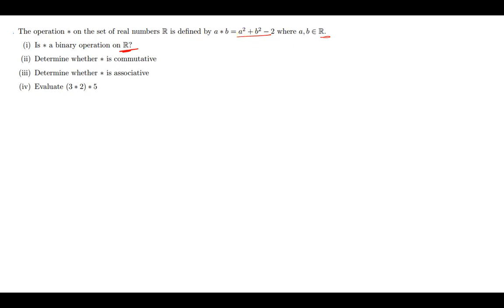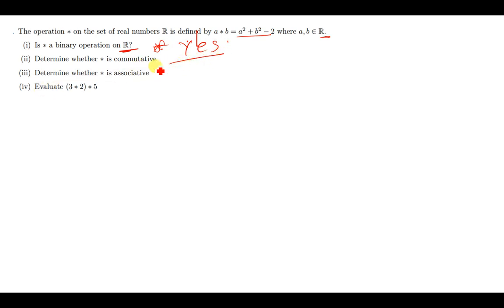Just by inspection, you can tell that there's no probability of you getting a number that is imaginary, because apart from real numbers, the other numbers that you have are imaginary numbers. So there's no probability of you getting an imaginary number after putting in a real number in that expression. Hence, star is a binary operation on R. Or you can just say yes, because the question is, is star a binary operation on R? Just say yes.